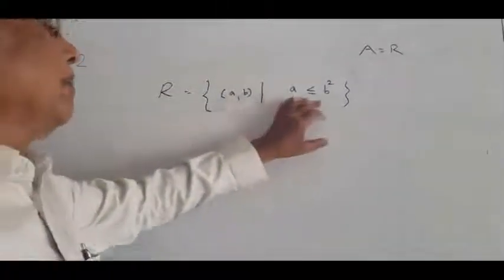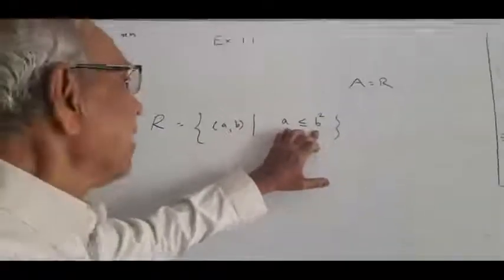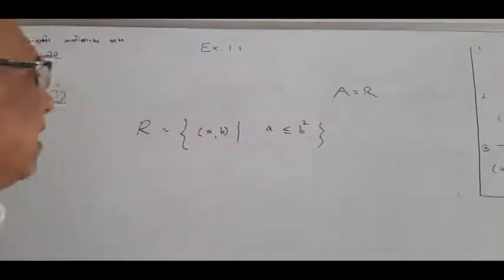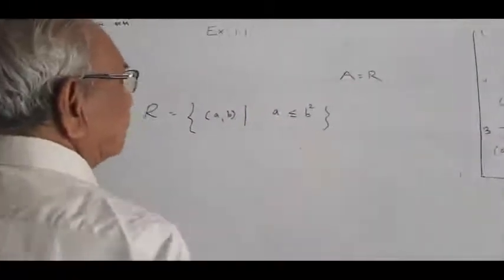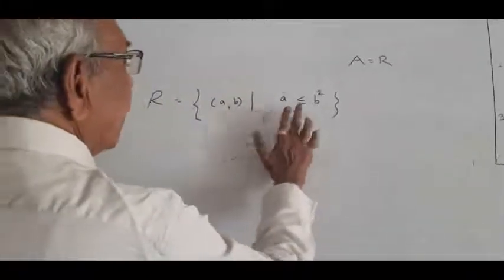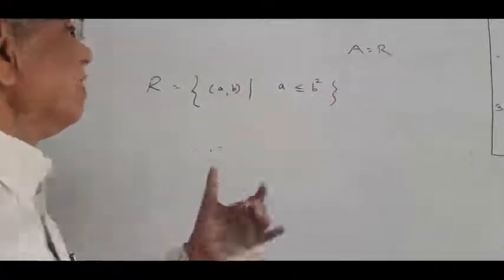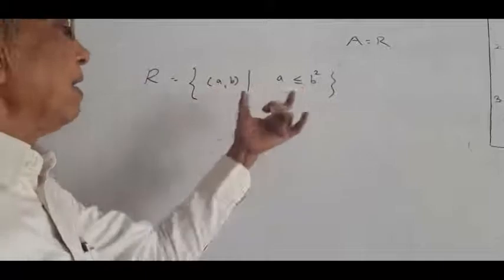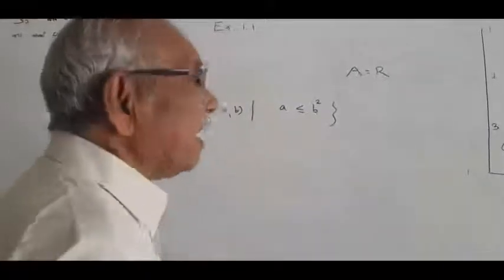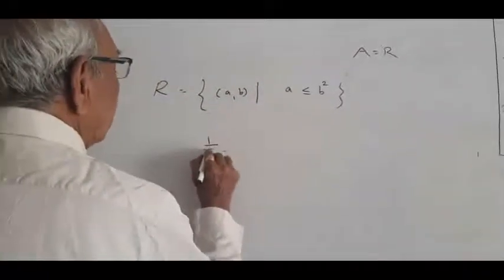Because a is less than or equal to a square when a is greater than or equal to 1. When a is negative, in that case this is always true. But when a is a number in between 0 and 1, then a is not less than a square. Means here we will take a equal to 1 by 2.